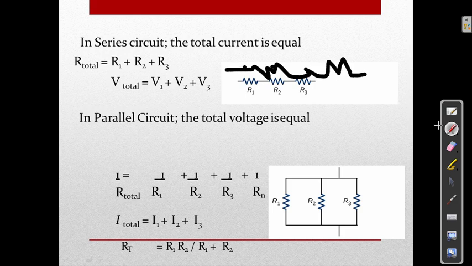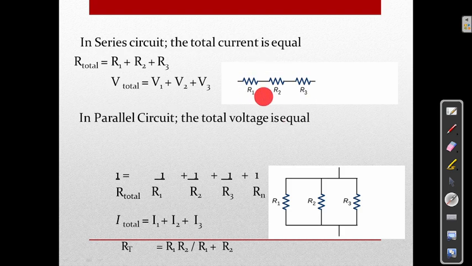For a series connection, current is the same and voltage is the sum of each component. So if you want to calculate the total resistance of the particular circuit, we have to add all the resistors.